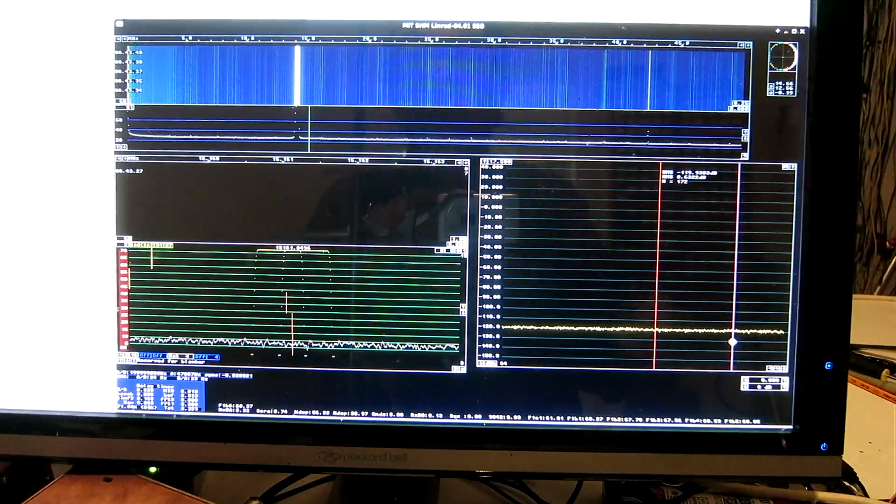So sideband noise is low for this card. One should expect that. It's not a cheap card, it's rather expensive.